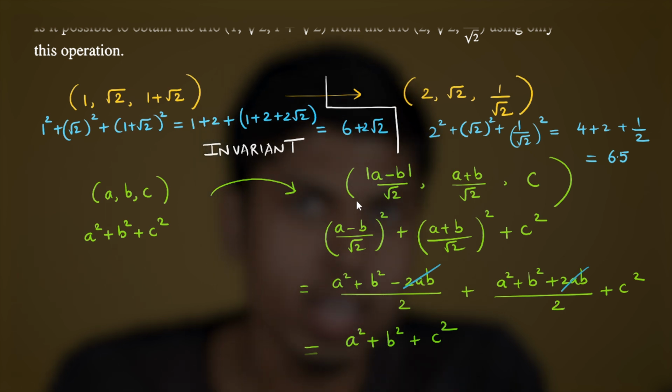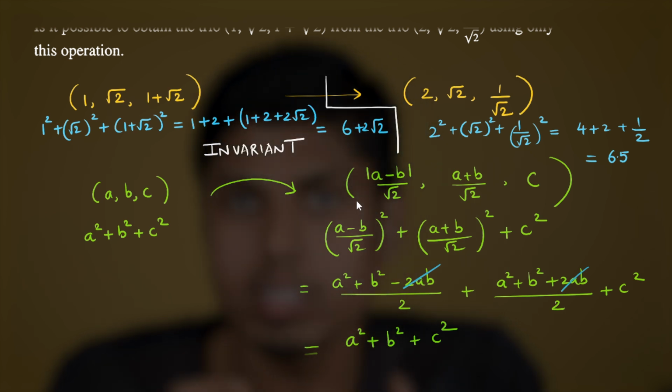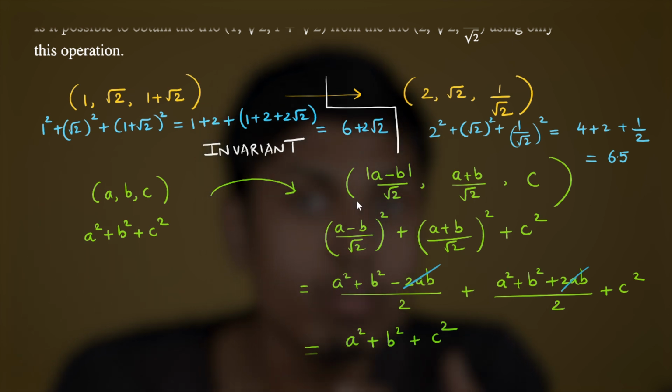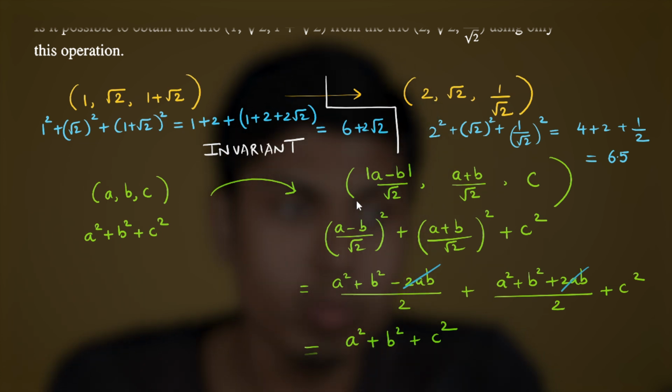And that's why we are quite interested in the invariant, to seek proofs of infeasibility. Though it's possible that the question could ask you to prove a feasible final sequence, in which case you have to work further and derive some more properties.